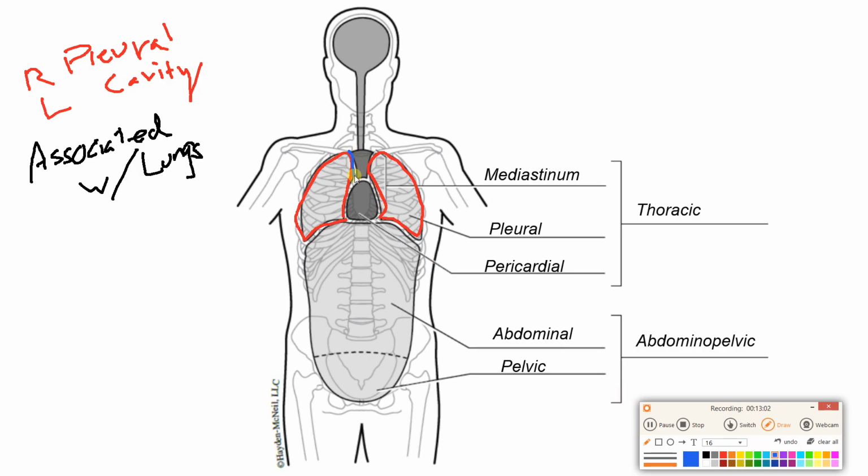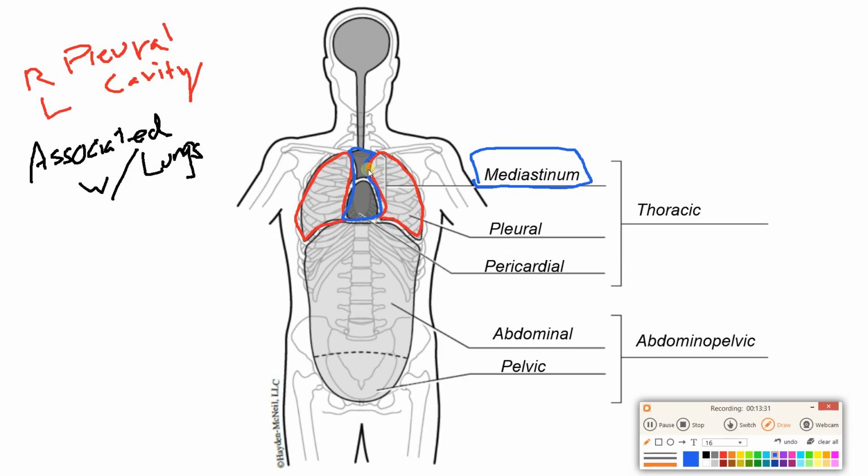In between the two pleural cavities, in other words, in between the two lungs, right in the middle here, there is an area called the mediastinum. And that mediastinum is going to have the heart. That mediastinum is going to have the trachea and the esophagus and some other important things as well.